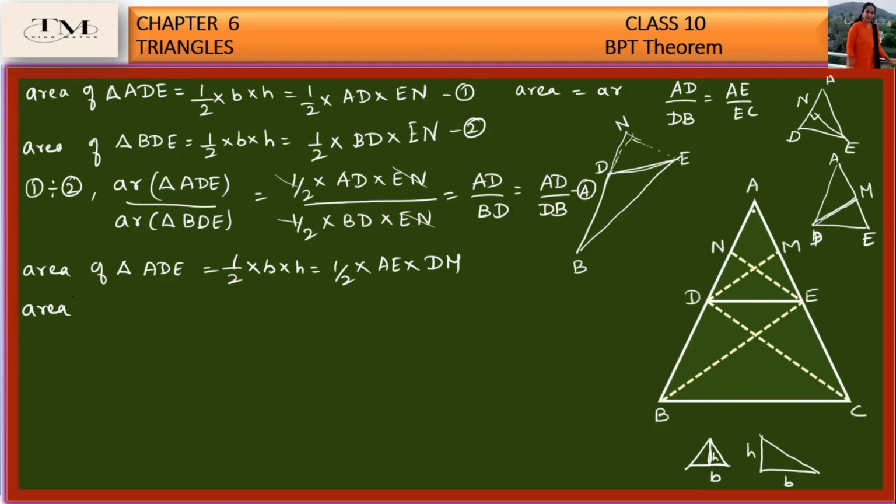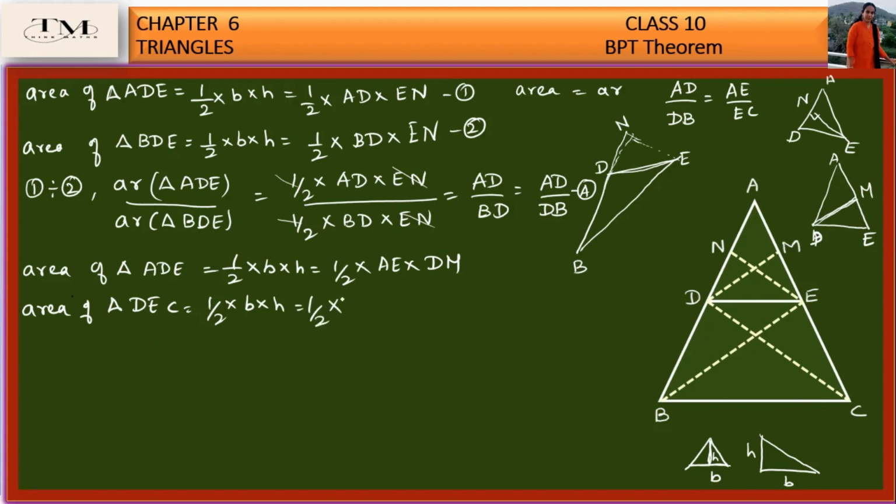In the same way, its corresponding triangle is DEC. So we took ADE with the height DM. So we should take the triangle DEC because AE by EC. So we should get EC when dividing. So we should consider the triangle DEC. So area of triangle DEC is half into, what is base here?